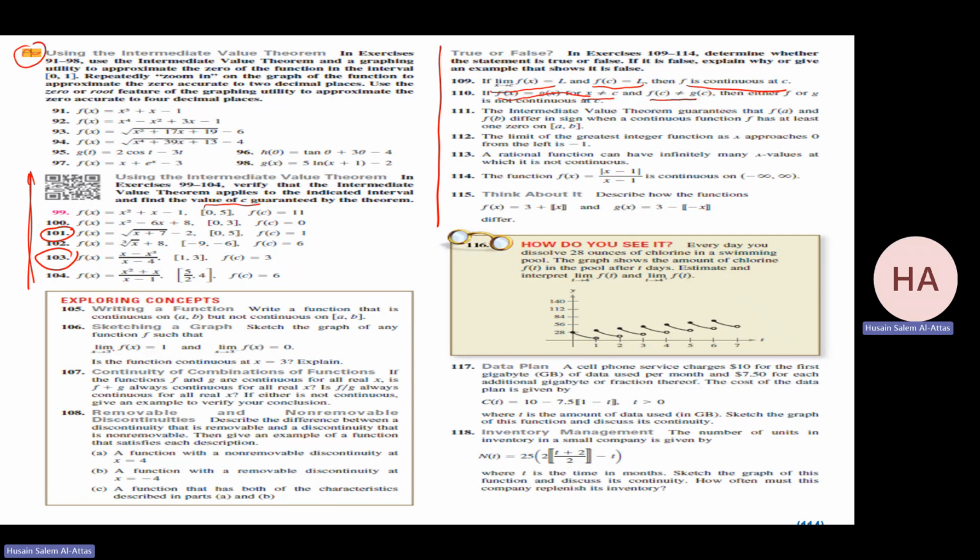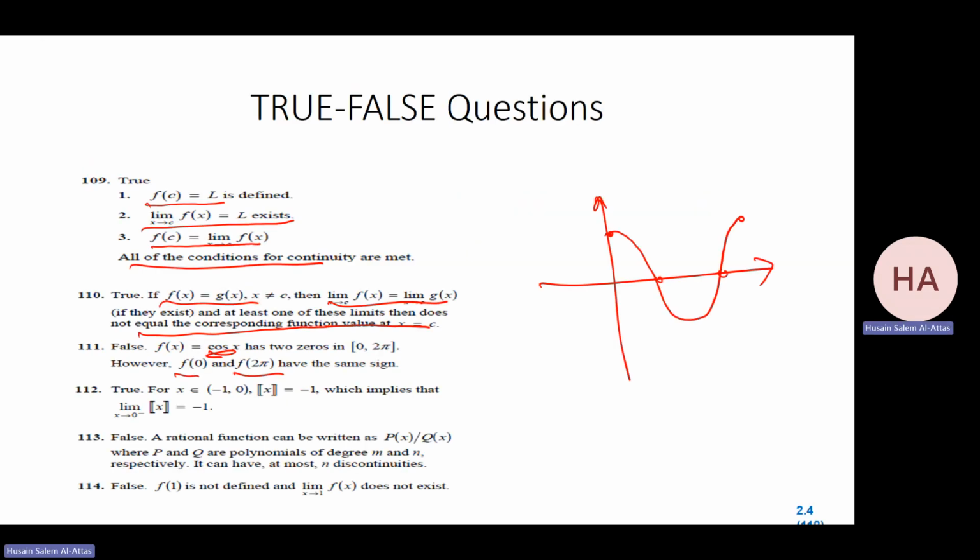Sorry for that. A rational function can have infinitely many x values at which it's not continuous. This is tricky somehow, because polynomials, rational means what? A polynomial over a polynomial. And a polynomial has a finite number of zeros.